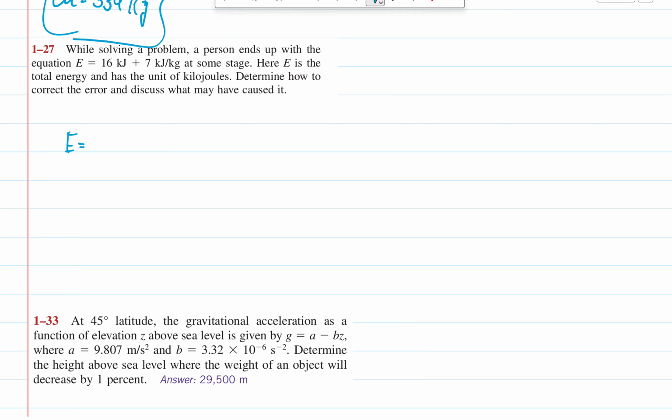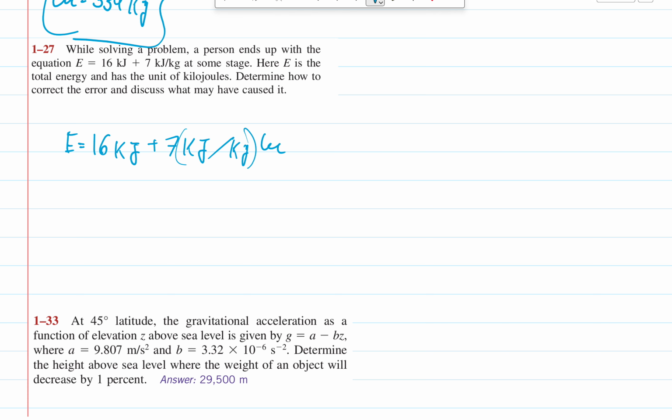E is equal to how much? 16 kilojoule plus 7 kilojoule per kilogram, bracket, put an M. So what's the purpose of this M?